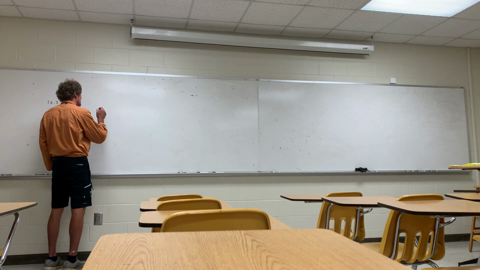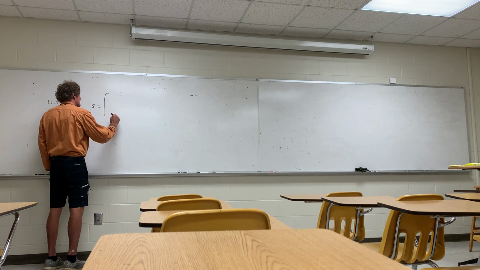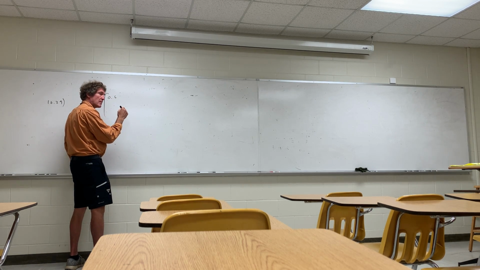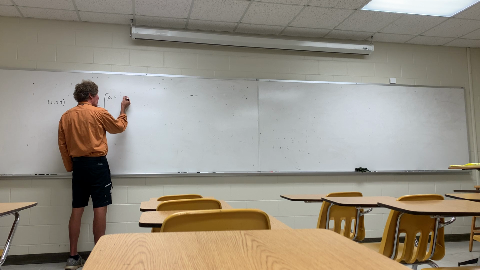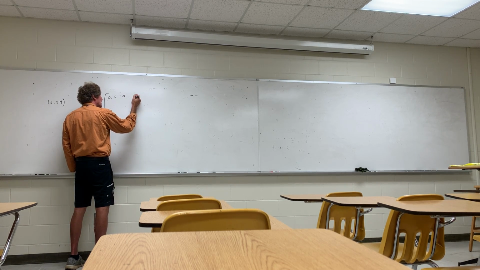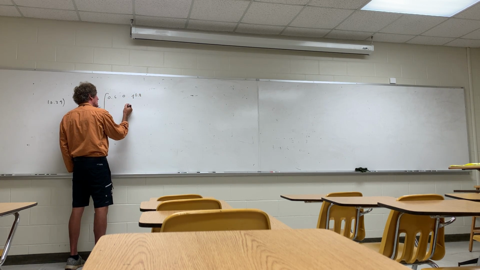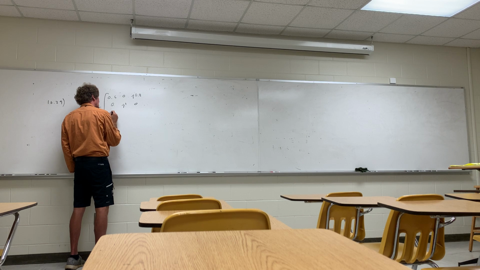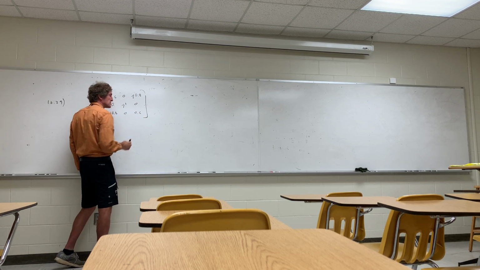It's 0.6, 0, j0.8 in the first row, then 0, j1, 0 in the middle, and then j0.8, 0, 0.6. That's a three-port.